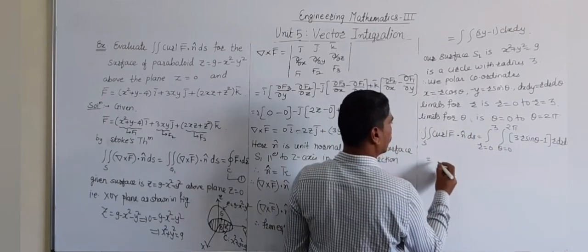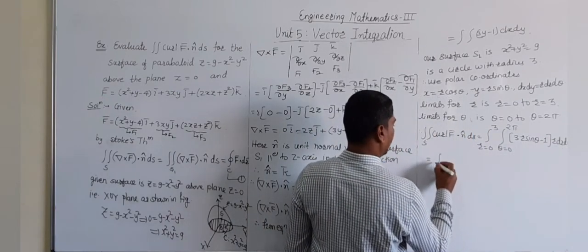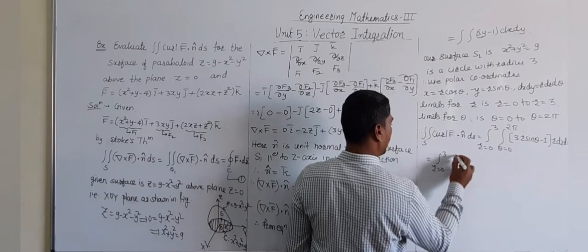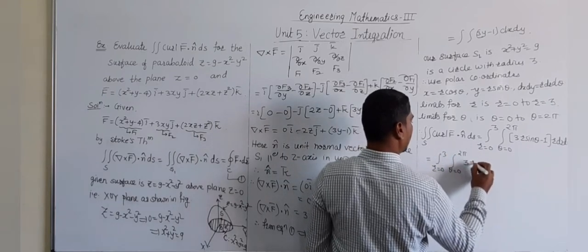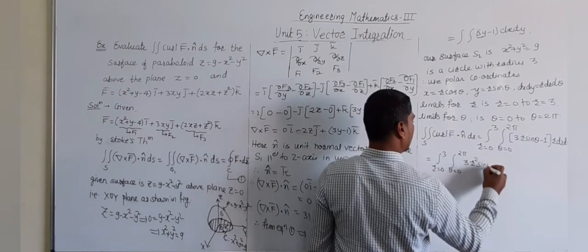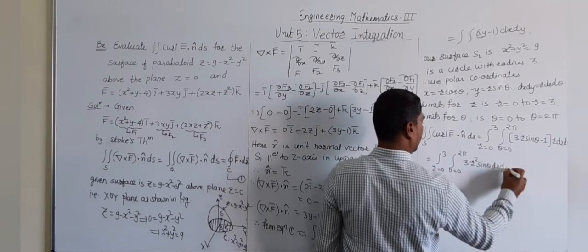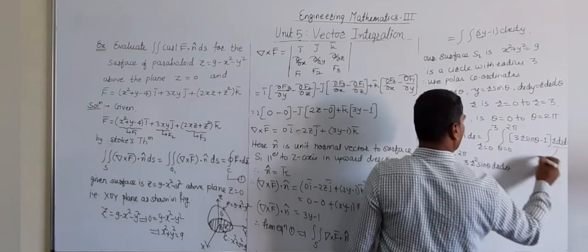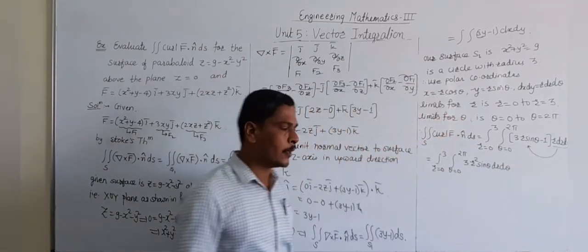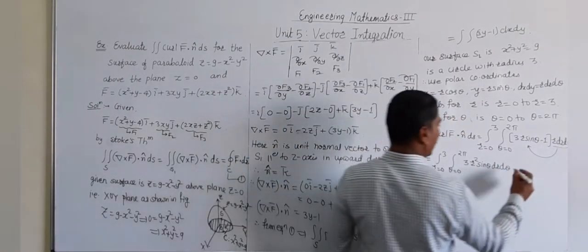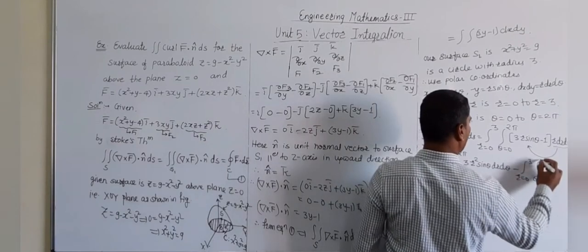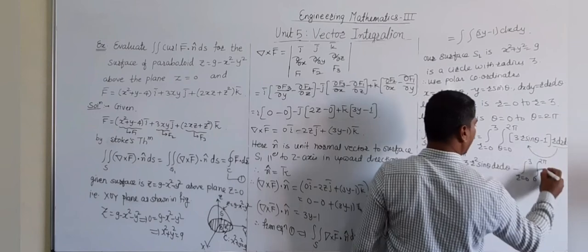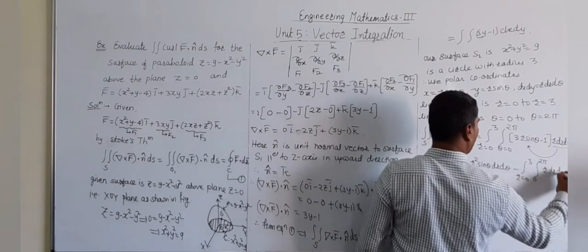So this is equal to integration r from 0 to 3, integration theta from 0 to 2 pi, 3 r square sin theta dr d theta, multiplying this term inside the bracket and separating the integral. So here minus integration r from 0 to 3, integration 0 to 2 pi, r into 1 becomes r dr d theta.